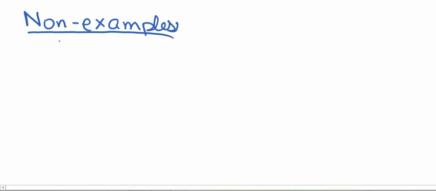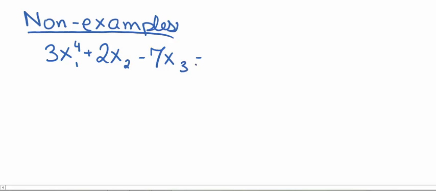So we'll also give some non-examples. What are equations that are not linear? Well, we can have 3x1 raised to the 4th power plus 2x2 squared minus 7x3 is equal to 1. So this one is not a linear equation because of the exponent.